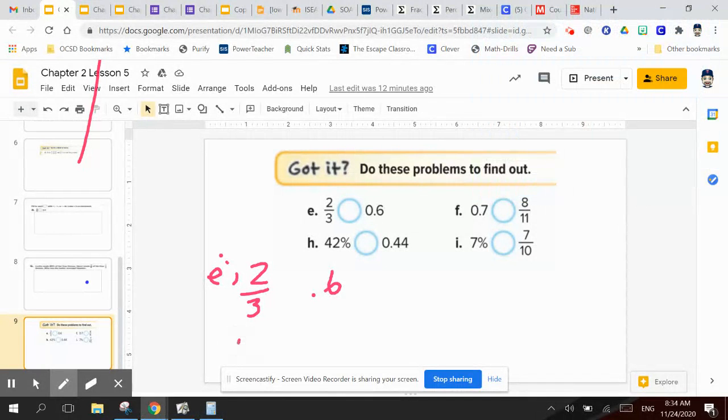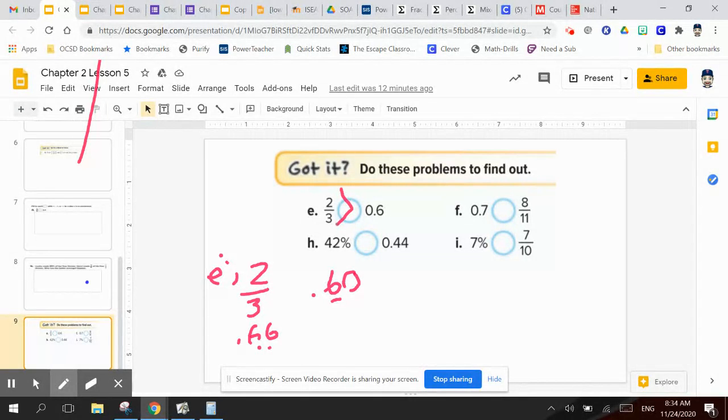So I take the first two numbers. Here, there's two numbers, but there's only one here. So if I add a 0, now I can compare 66 and 60. I know that 66 is larger than 60. So the alligator eats the larger fraction. So 2/3 is greater than 6/10.